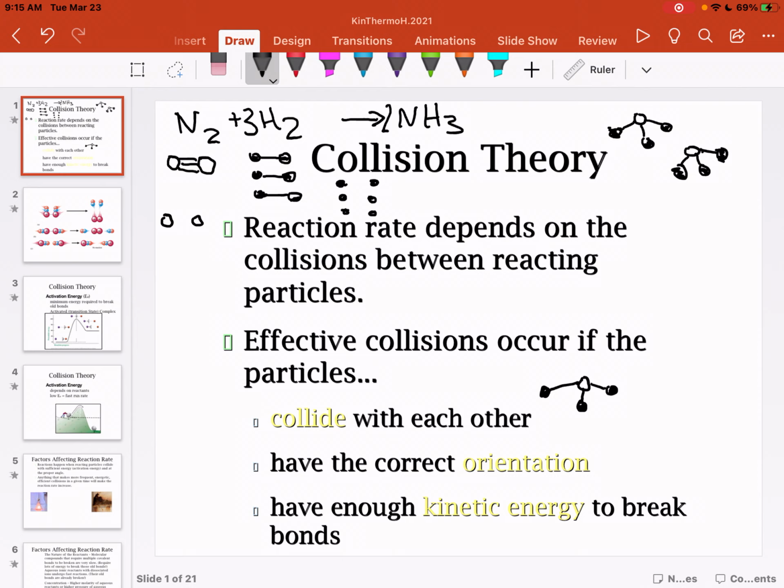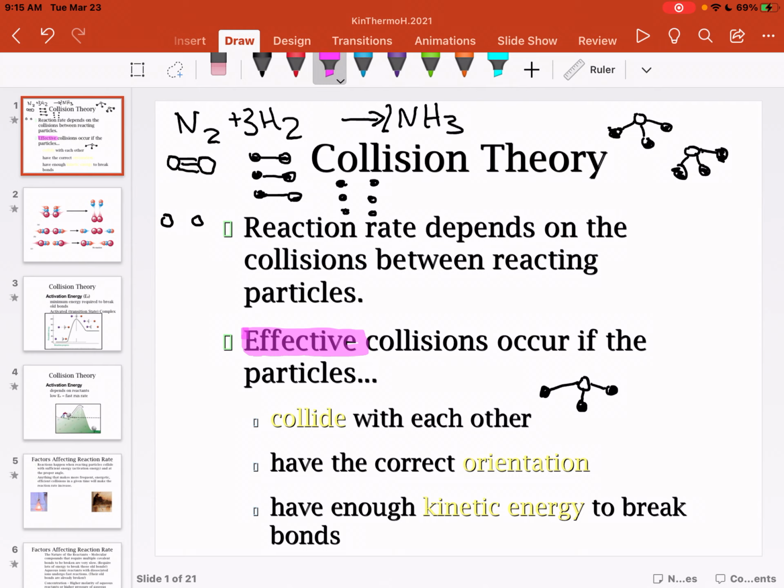So we can get these particles to collide, but it's possible that they might not react together, because when they do collide, the collision between these 2 particles has to be effective. In other words, I can't have some little old lady car crash in the Stop and Shop parking lot, a little fender bender.